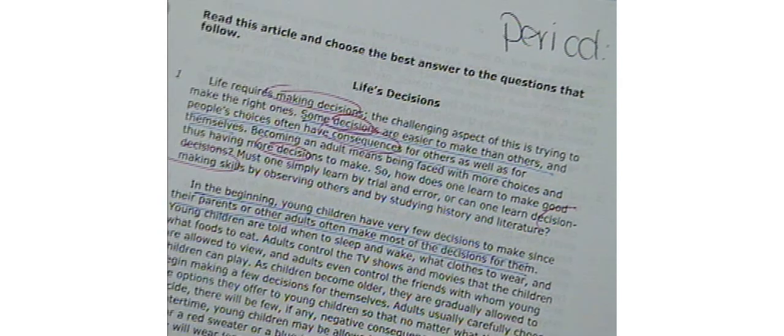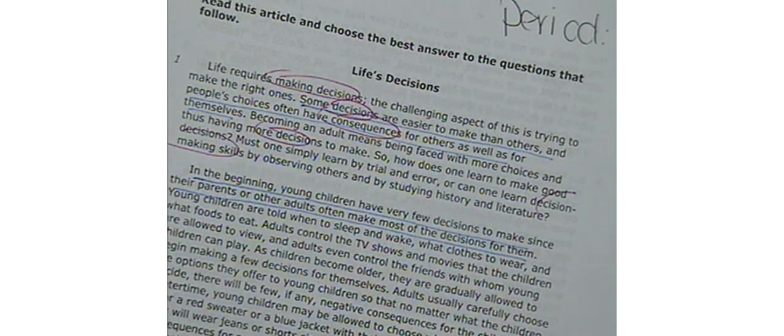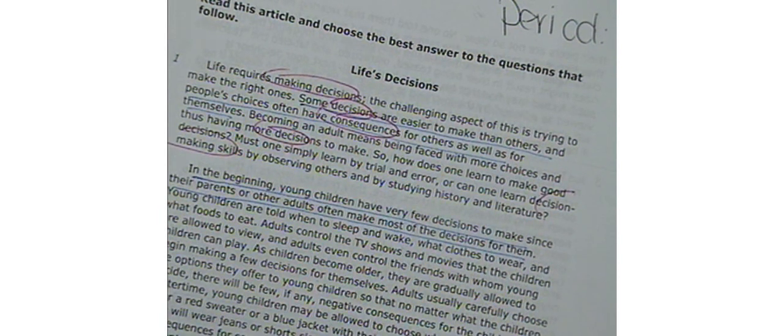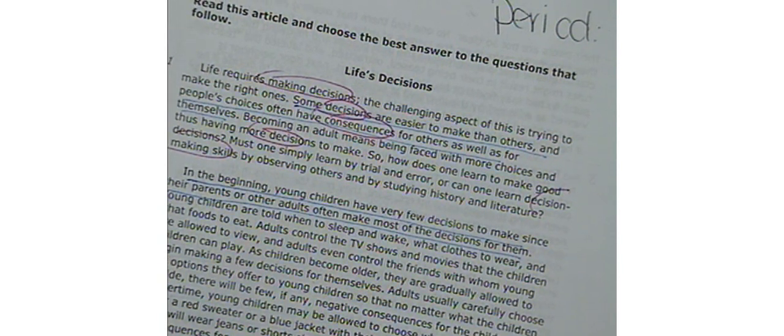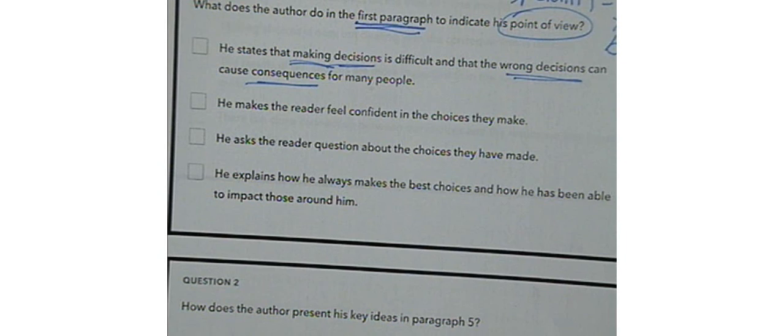I should notice that repetition and see that there's going to be a connection between decisions and consequences. So back to option A, we had the words decisions and consequences.